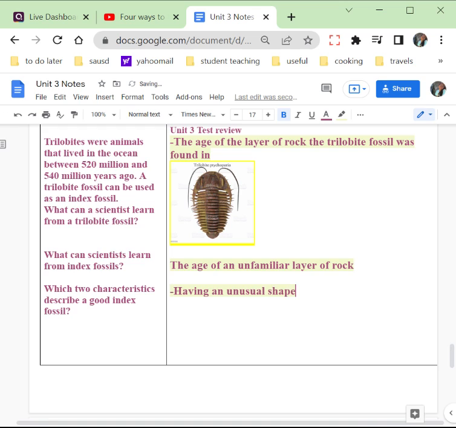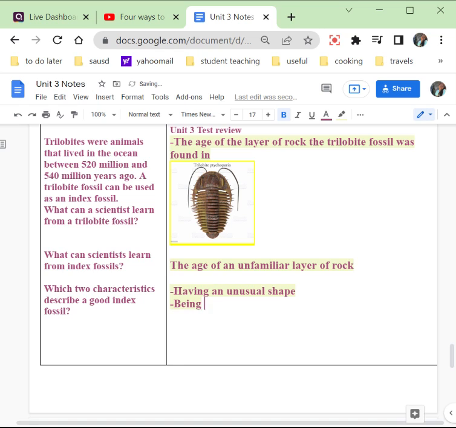Unusual shape. So it's kind of like unique. It's different. It can't be mixed with something else. So if you look at the trilobite, that has a very unusual shape. Not a lot of other fossils look like that. So it won't be confused with anything else.